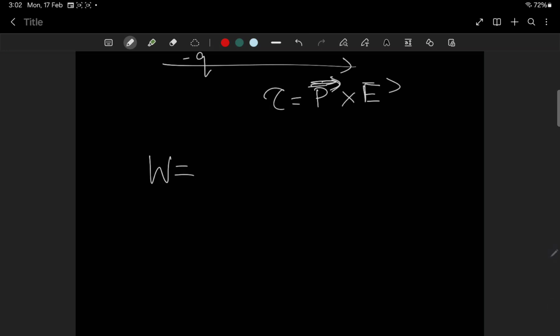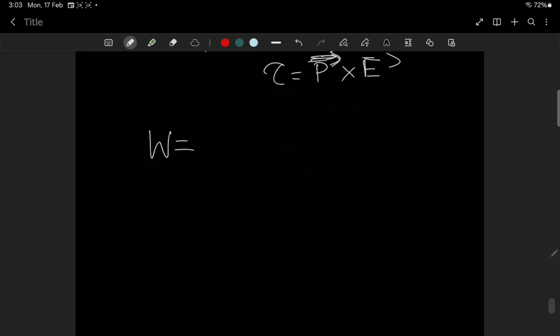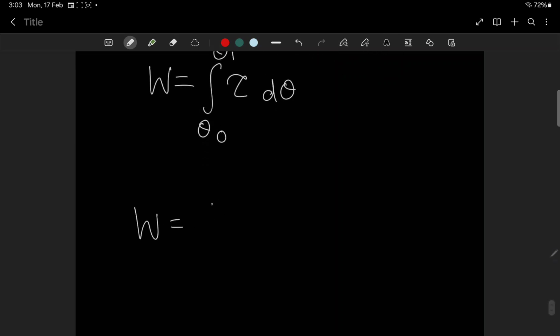If this is theta 1 and I have to turn it to theta 2, what work should I do against the torque? That is given as the integral of tau d theta, from theta 0 to theta 1. Tau is PE sin theta, d theta.